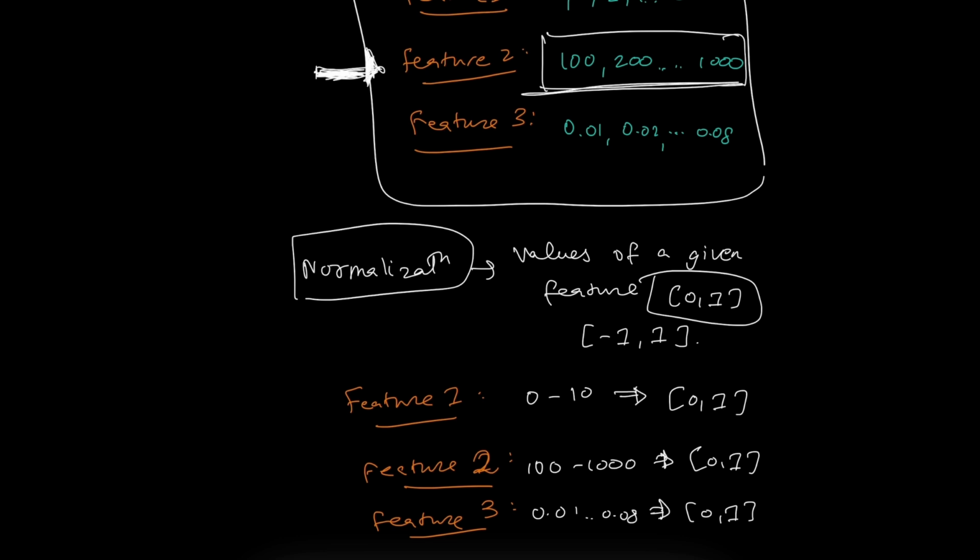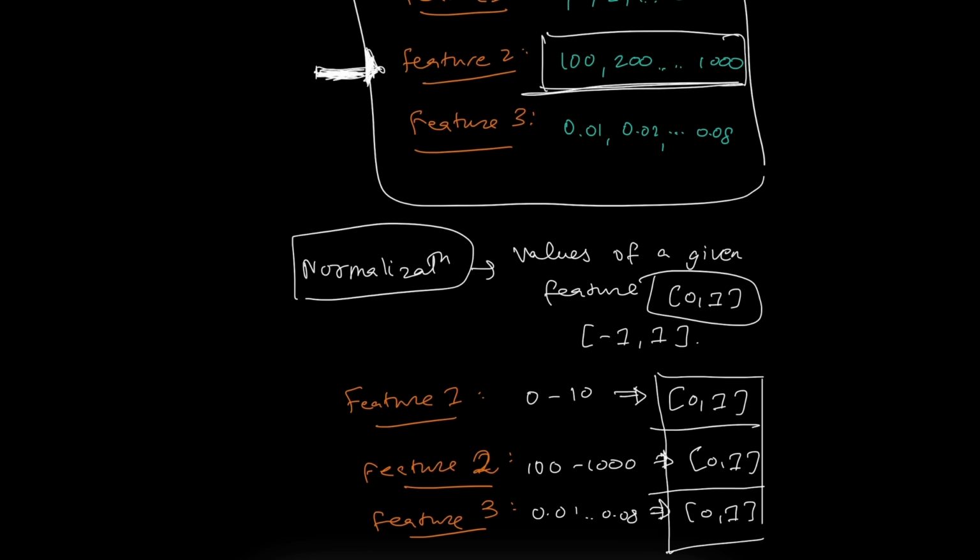Now you see, once we have all features normalized to 0 to 1, we can make a fair comparison between the actual impact of these features on our output variable, which is the salary in our case, and we're able to see how these features actually impact, or how these features correlate to our output variable, and then our model learns and understands those patterns between them.